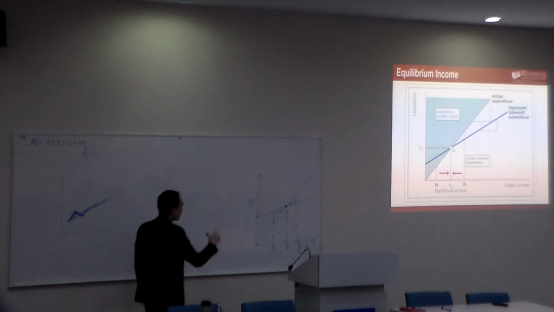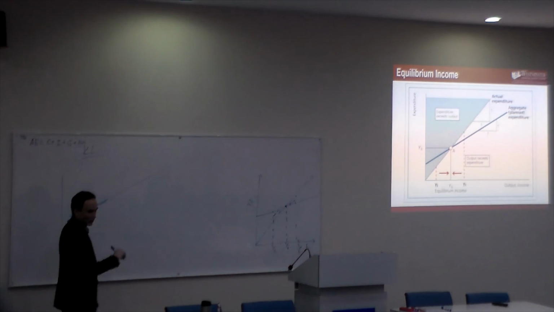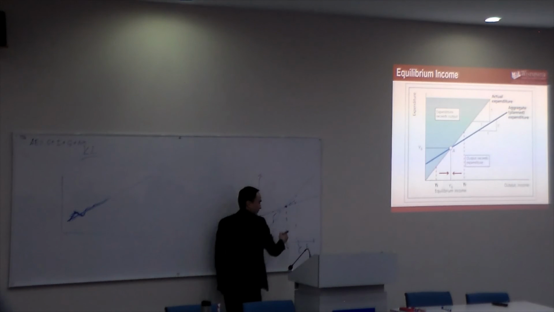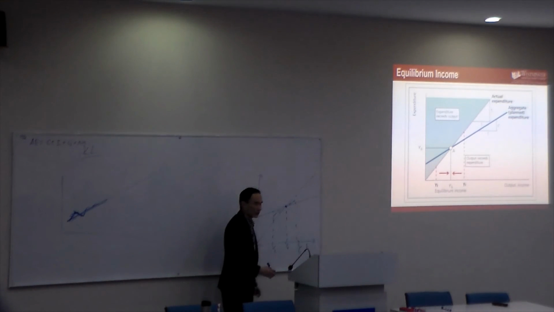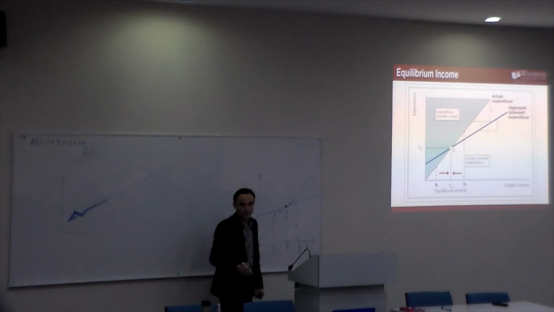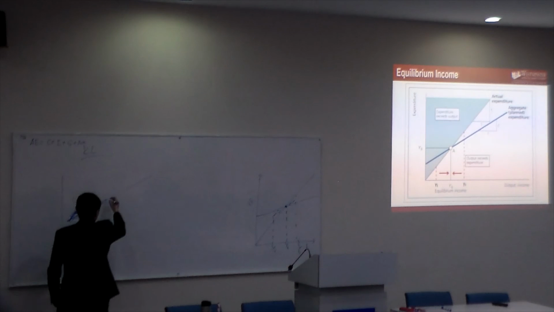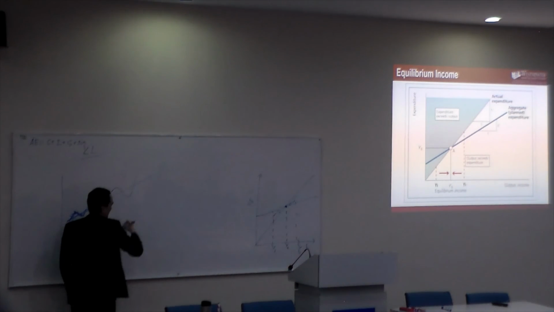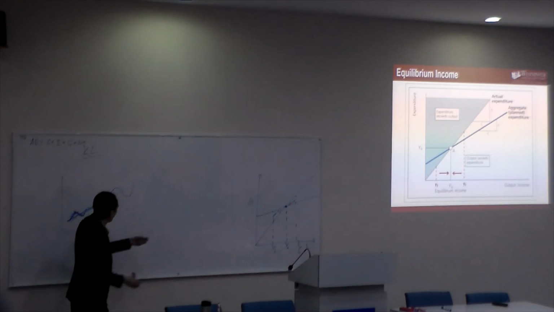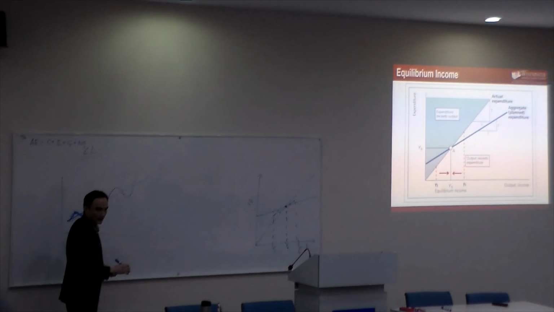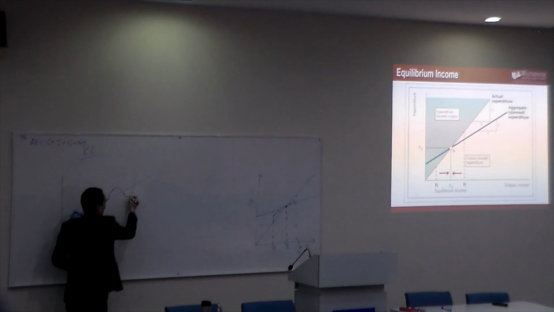So here is the question: whether this equilibrium point, okay, is the potential level. Which means if it's going to be the business cycle, this equilibrium point can be at any point. So these are all equilibrium points based on the situation in the economy.